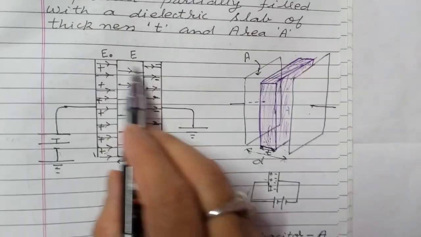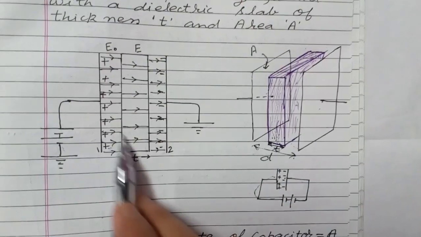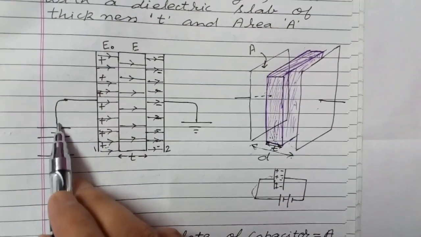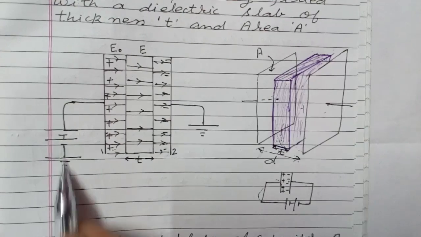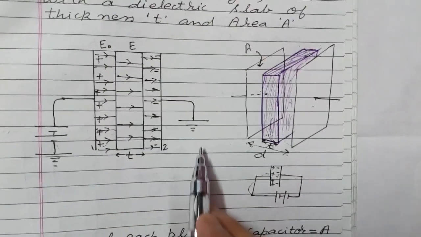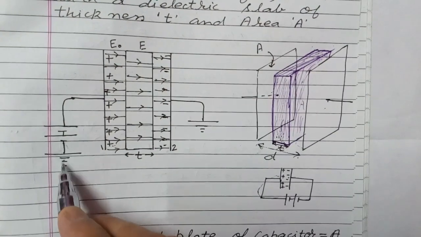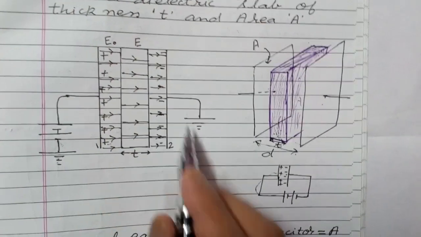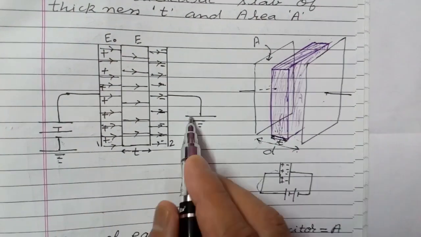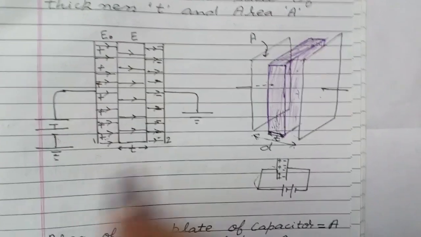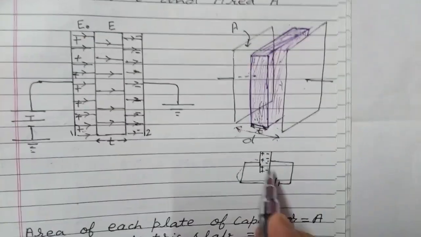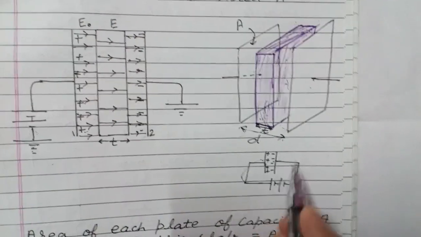Now look in this diagram. This is plus, this is earth, minus is earth means, and this second plate is earth and minus of battery is earth. So this means they are connected. This is a way of showing the circuit. So picture is like this.